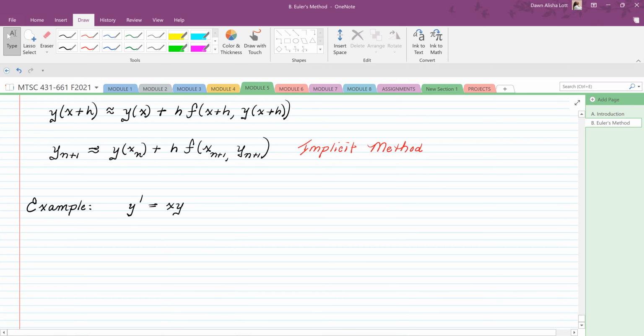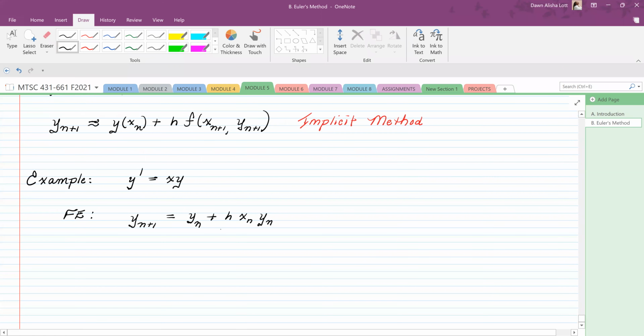If I used forward Euler, which is the standard Euler, we would get y n plus 1 would equal y n plus h times x n y n. Okay? And as you can see, y n plus 1 turns out to be 1 plus h times x n, y n. And so you can easily see the solutions grow.